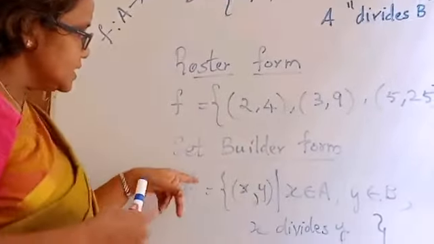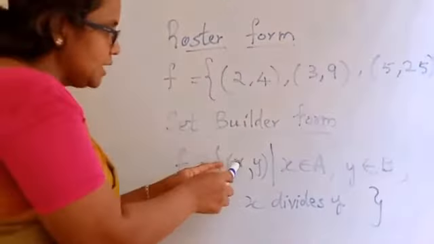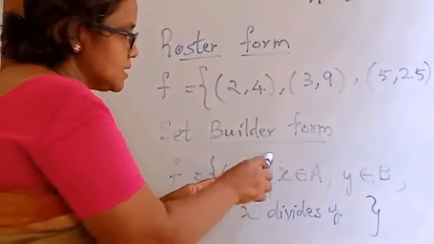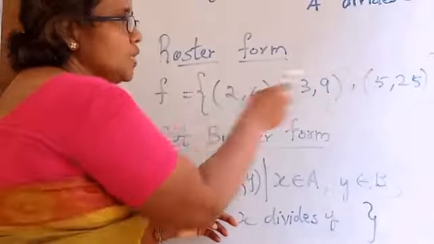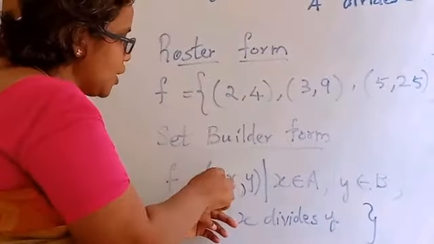And then in the set builder form, you see that x comma y such that x comma y, the elements within the function, are ordered pairs.